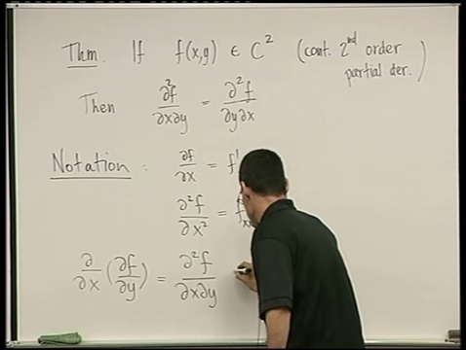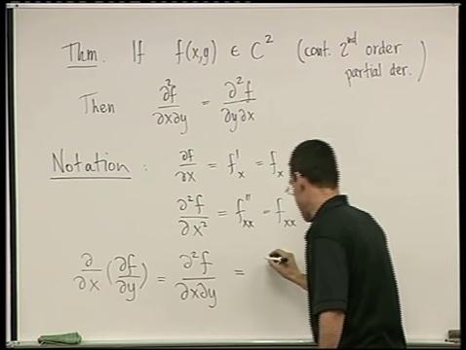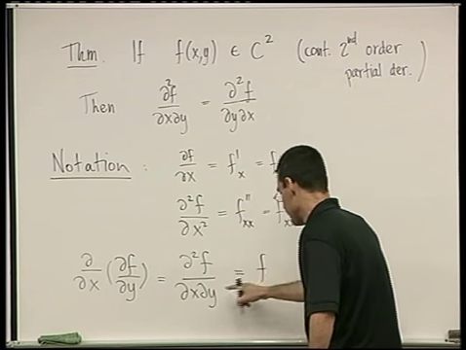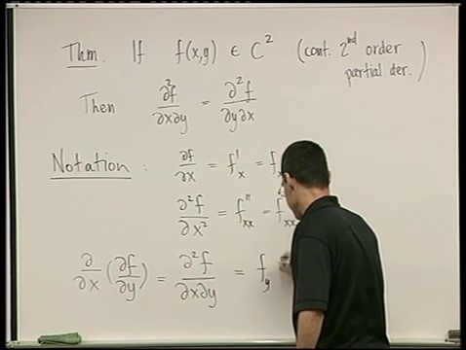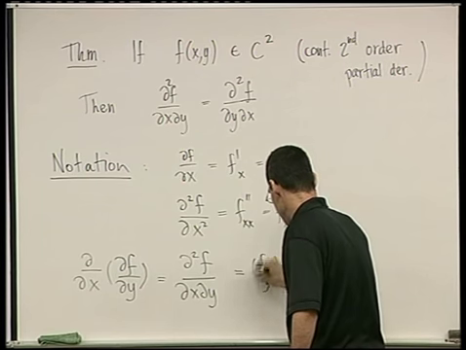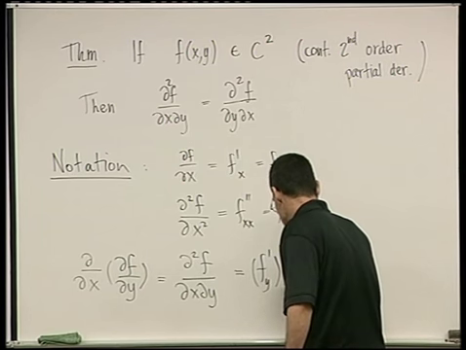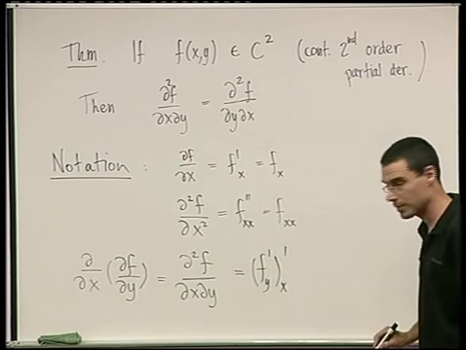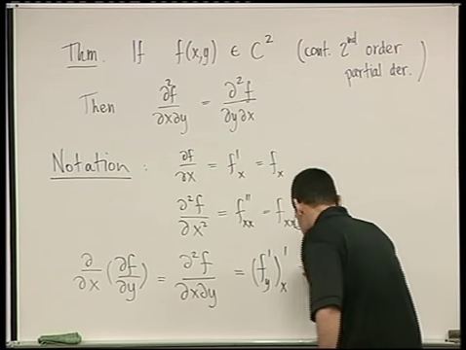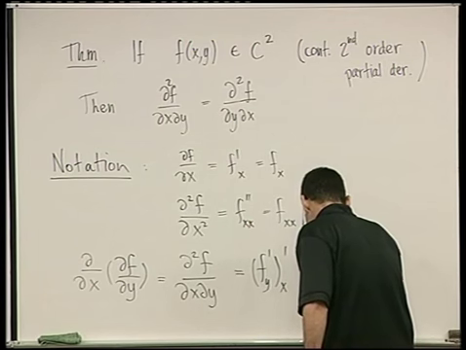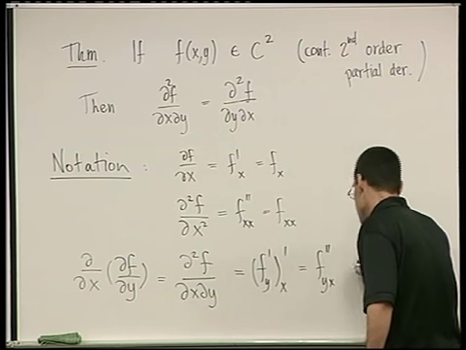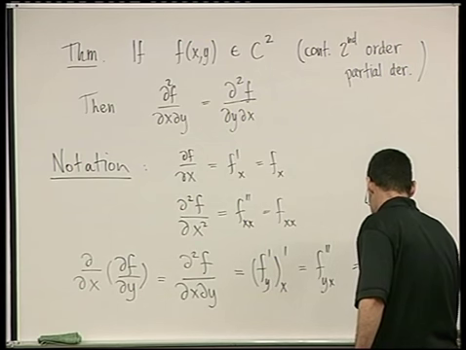So that's going to be written as f sub y, and then I'm taking its derivative with respect to x. Or in short, f double prime yx, or just f sub yx.